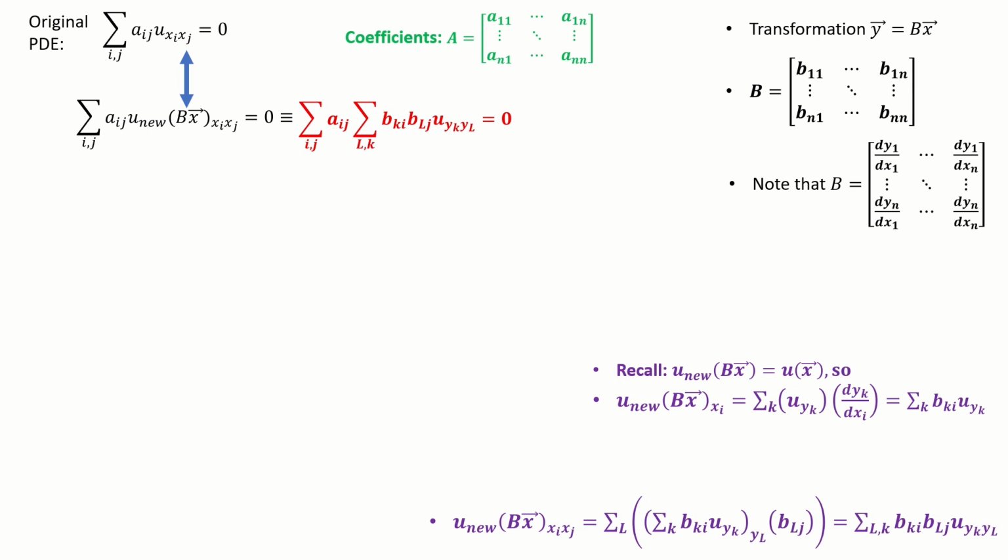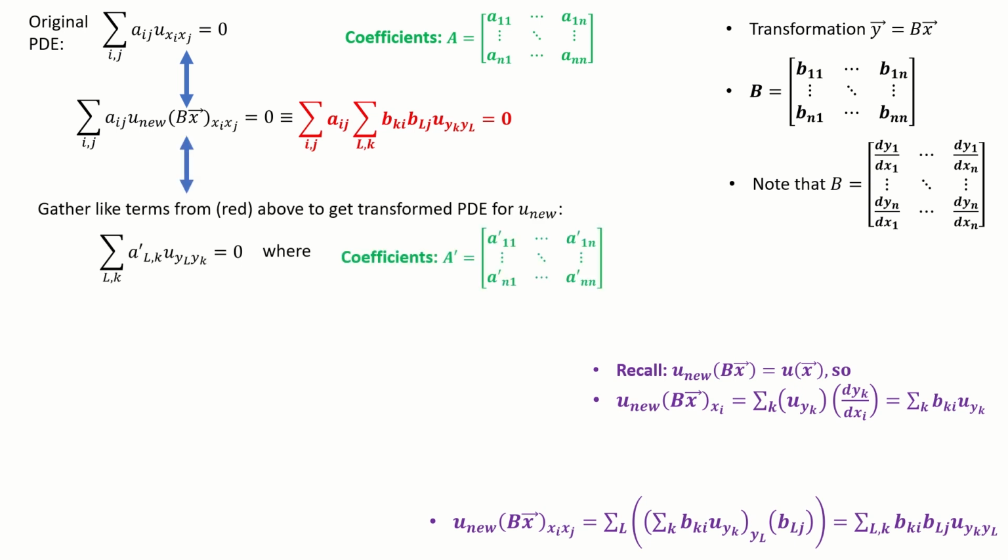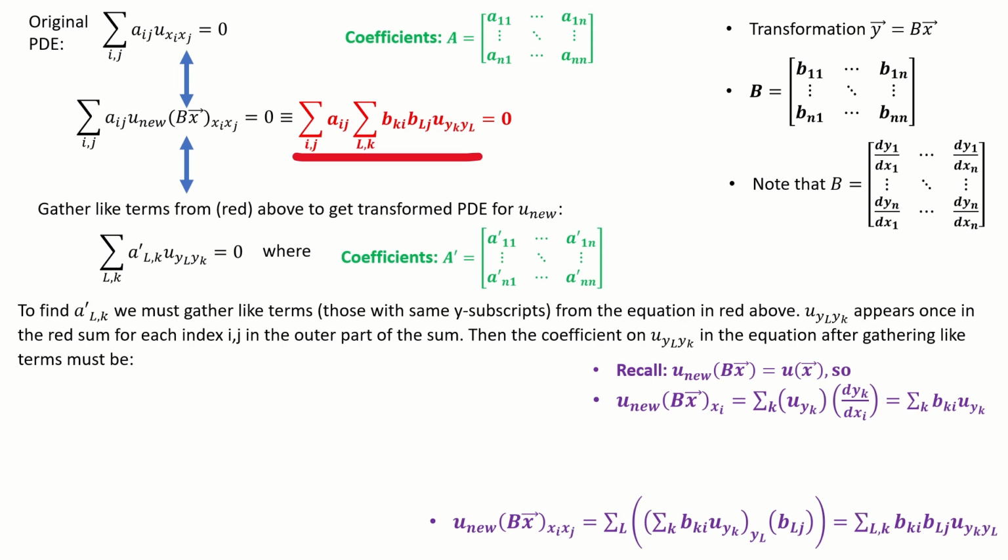We still haven't gathered like terms, that is, terms with the same y derivative. To do that, notice that u sub yl yk appears once in our red sum for each index ij in the outer part of the sum, which means the coefficient on u sub yl yk, after gathering like terms, has to be as follows.